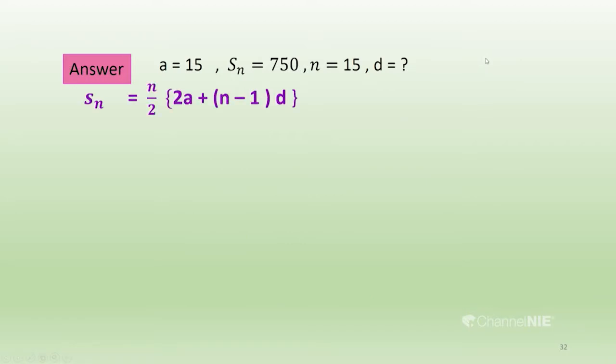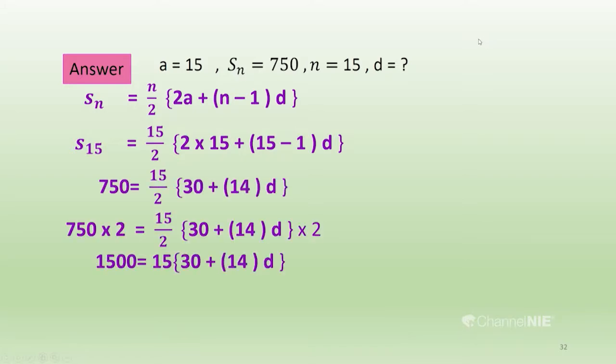Here a is 15. In here I am going to find the common difference, otherwise I can't find the 6th term. First I got the number of terms, that is 15, and I substitute that in this formula Sn equals n over 2 times 2a plus n minus 1 d. From that I can find the common difference.